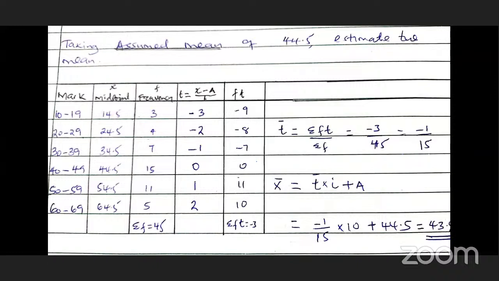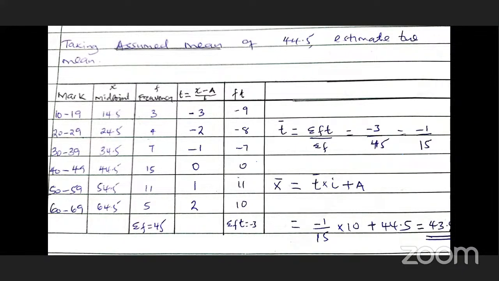And that constant is most of the time the class width of the class. So for those who ask you where the T came from, if you look at the first class from 10 to 19, the class width is 10. So it's simply divided by 10 to make the number even smaller for purposes of manipulation.